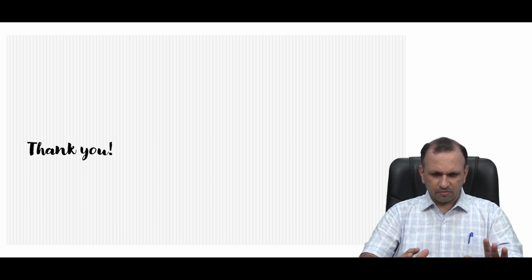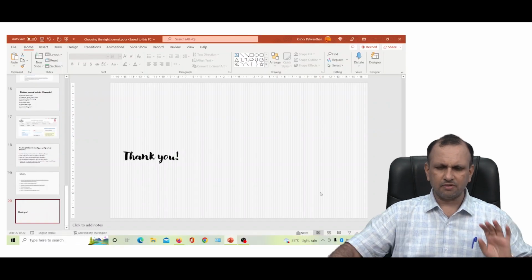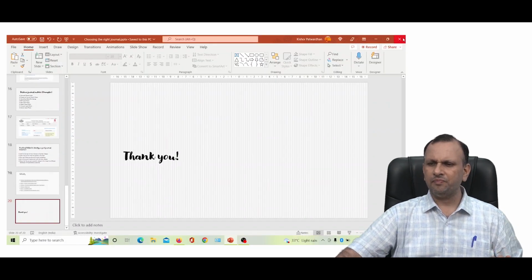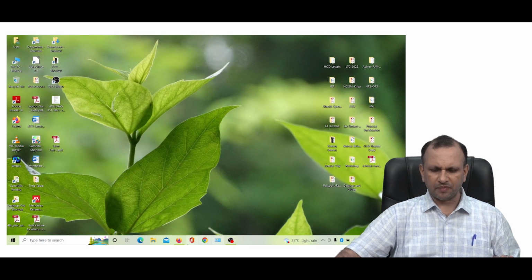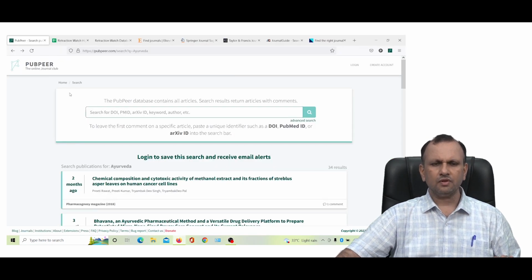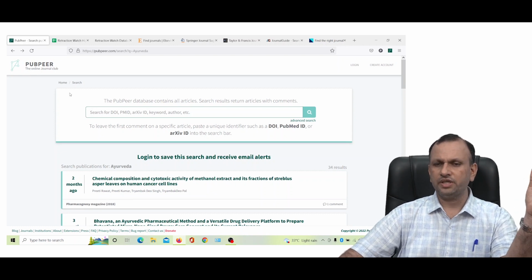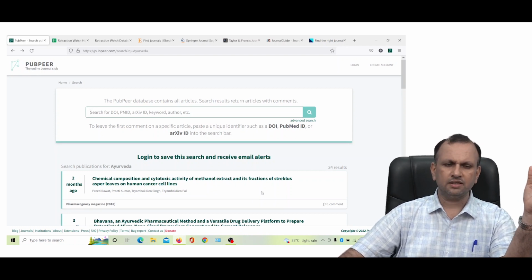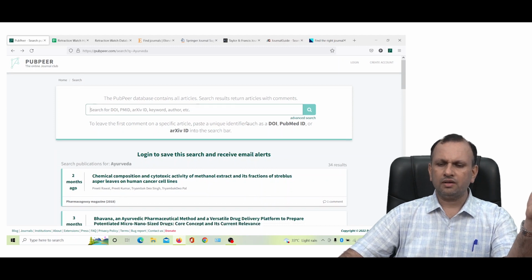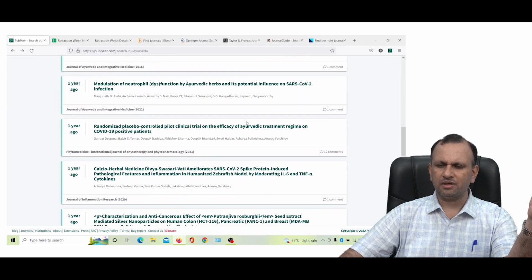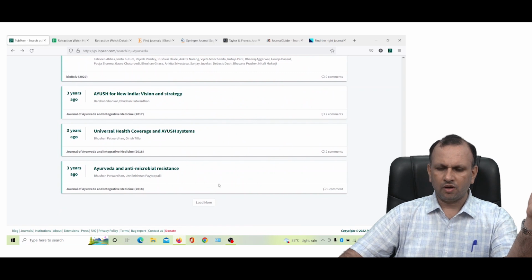But yes, I have got some small activity that has been planned. Rather, it is not an activity. I will show you some interesting databases or some websites where you have to check for the different journals. Right? This is PubPeer. So PubPeer gives you the list of papers that have been flagged on PubPeer. Right?